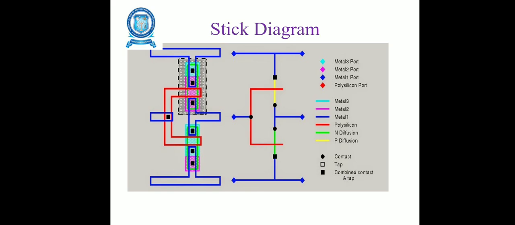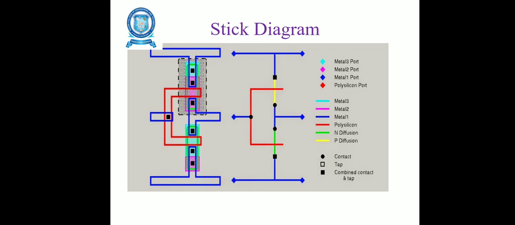Stick diagrams may be used to convey the layer information through the use of color code. For the depletion mode transistor, implant with the thin oxide is a must. The stick diagram and the mask layout are one and the same, but in the mask layout the aspect ratio and the distances between the dimensions have to be shown.